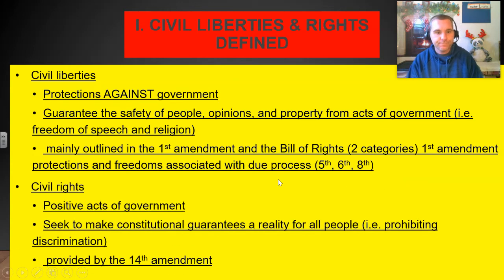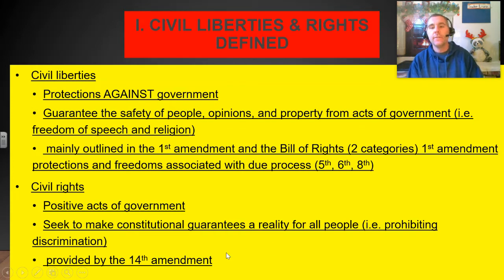Okay? Your civil rights, well, these are not really laid out in any government document, or they're not in the Constitution at least. Not in the Bill of Rights, at least. The civil rights are going to be more implied, if you will, where these are more expressed. Your civil rights are provided to you by the Equal Protection Clause of the 14th Amendment.